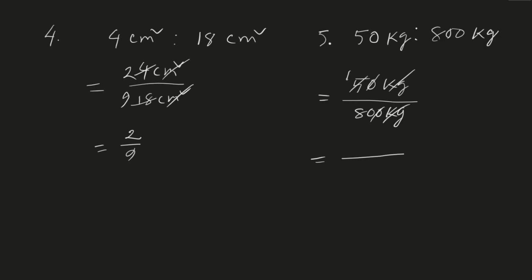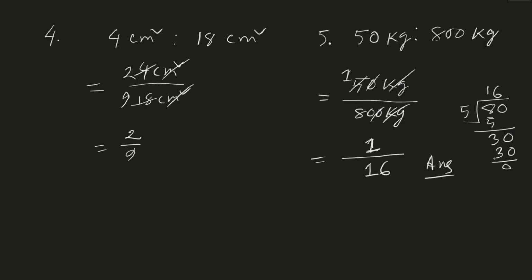So 5 ones are 5, and we can divide the 80 by 5. 5 ones are 5, here is 30, and 5 6s are 30. All right, so our answer will be 1 at the top, and the bottom is 16. So the answer is 1 over 16.